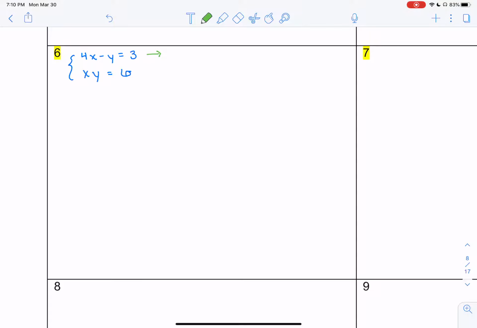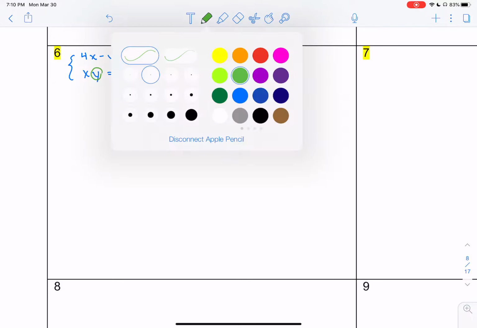So the first equation, I'm now going to rearrange it and solve for y. For this one, I get y equals 4x minus 3. And then I take that and plug it in to the y on the second equation.